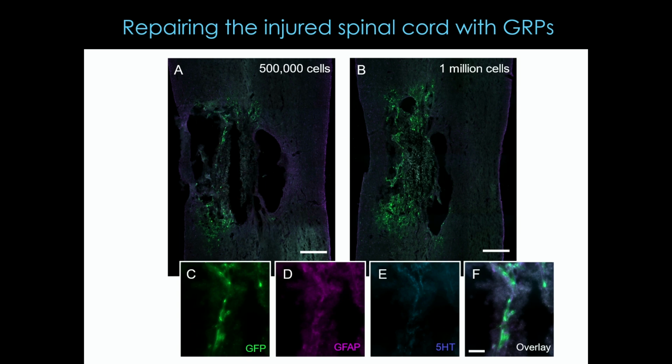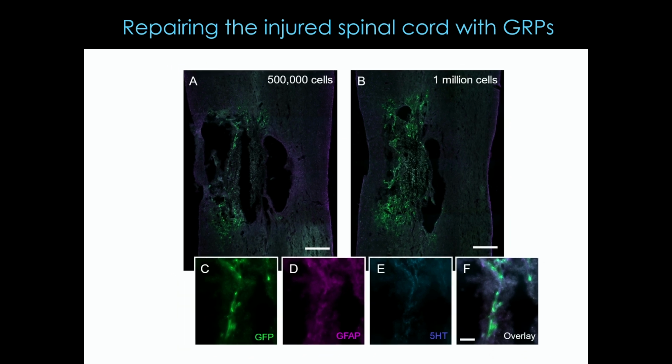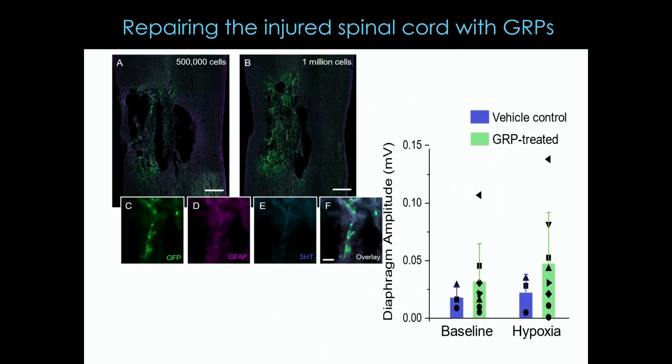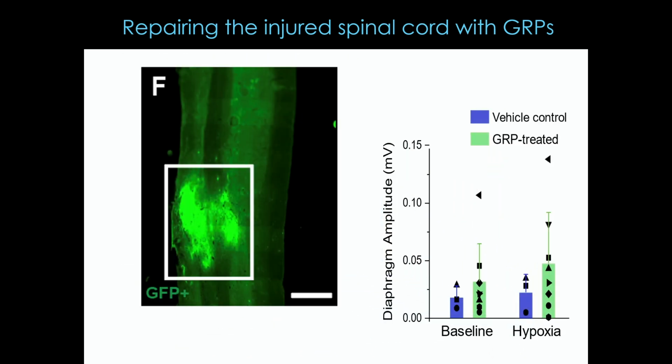And that number of surviving cells certainly increases with dose. And the degree of repair that we're achieving with transplantation of the glial cells also increases as we increase the dose of glial cells. So as I said, these are ongoing studies, and hopefully I'll be able to show you soon after we reprogram these what that does in terms of these new populations of neurons and how they integrate with this damaged phrenic network.